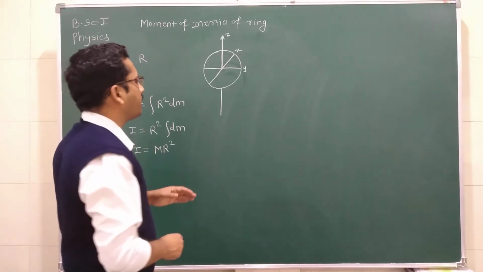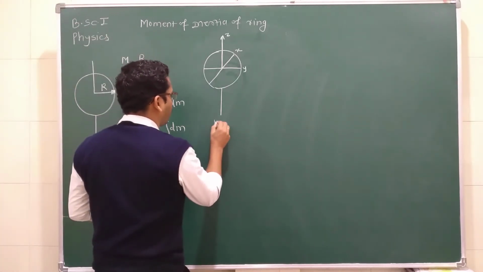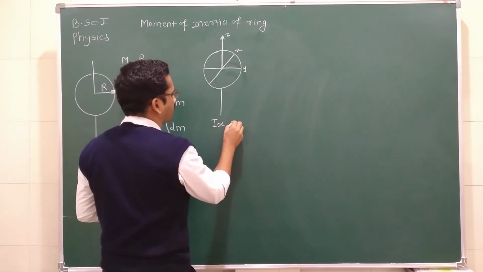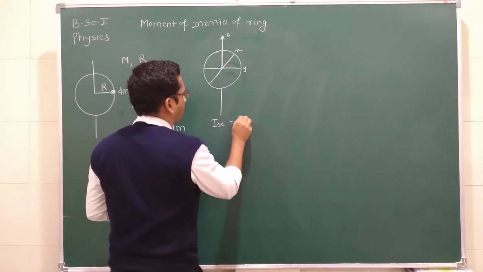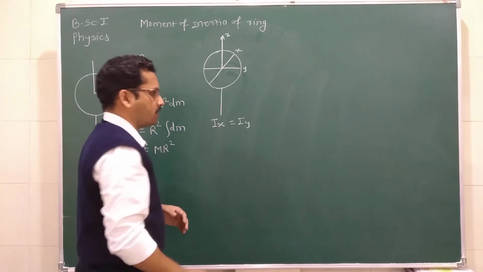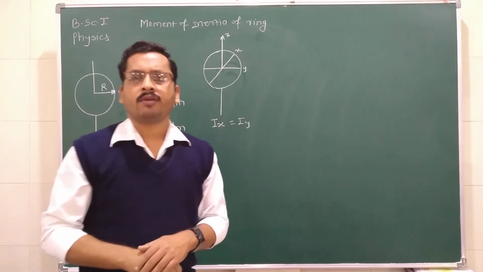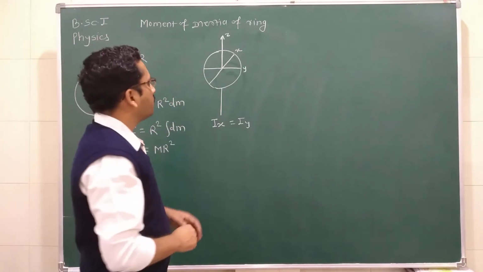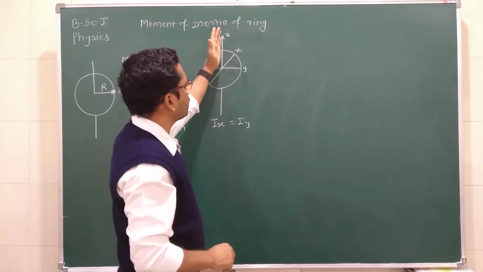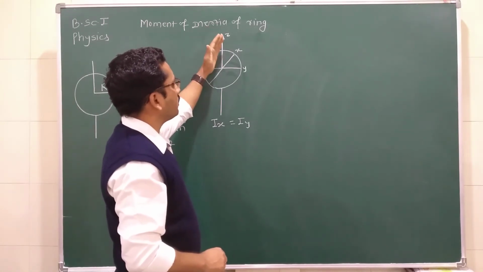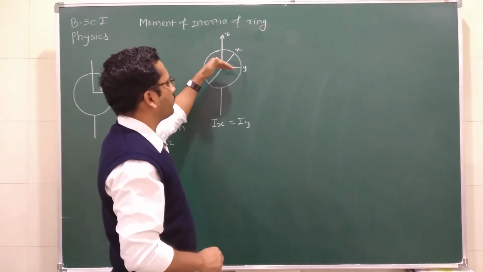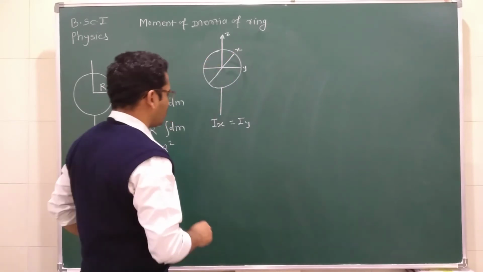So we can say that Ix, the moment of inertia about the x axis, is equal to Iy, the moment of inertia about the y axis. According to the perpendicular axis theorem, the moment of inertia about the z axis is equal to the sum of the moment of inertia about the x axis and y axis.